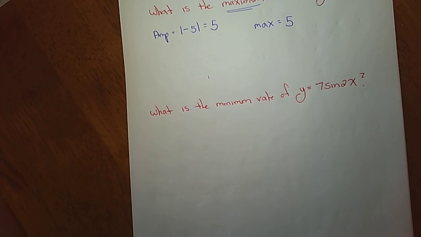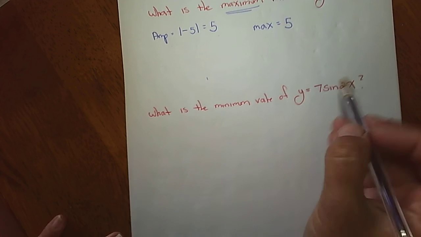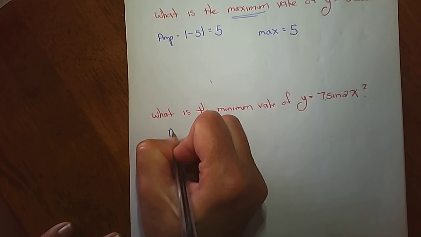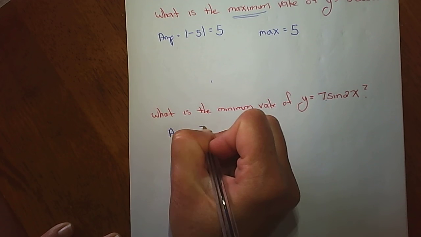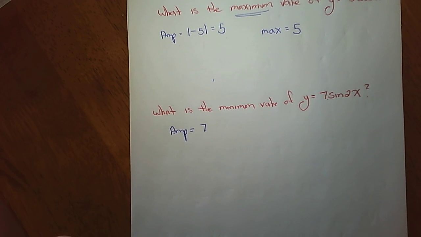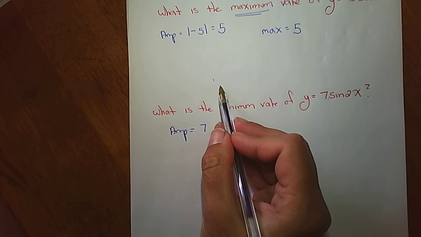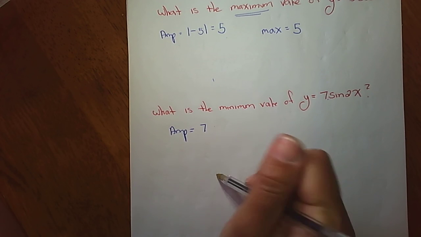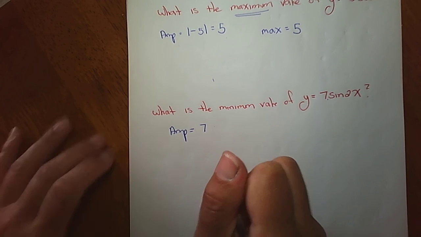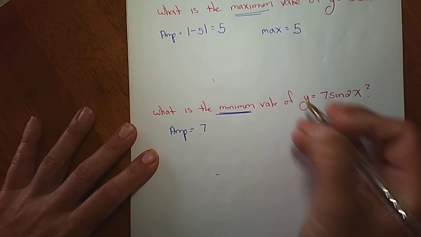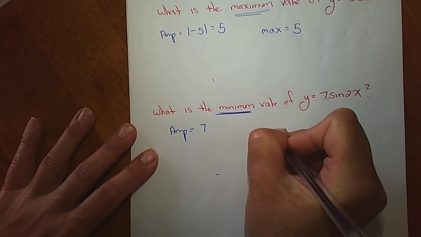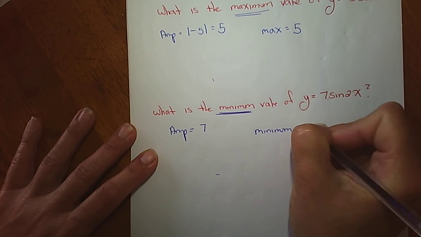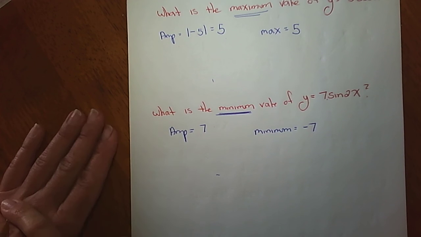Okay. So anytime they ask for a range, max or min, it's the amplitude I need. Right? So if the amplitude is 7, this means I'm going to go up to 7 and then I'm going to go down to -7. So what would the minimum value be? Well, the minimum then that this graph would reach would be -7.